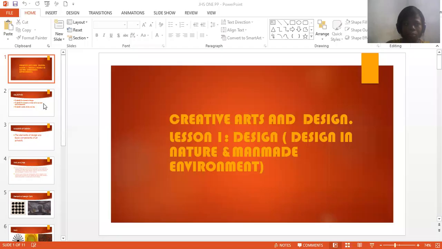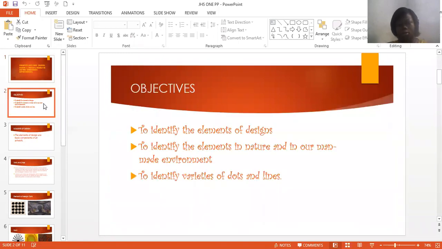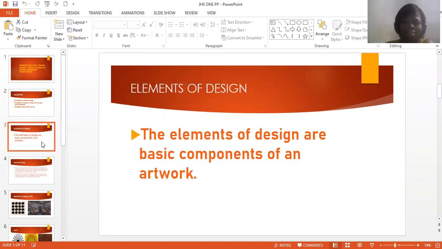So it starts with the objectives for the lesson: to identify elements of design, to identify elements in nature and in our man-made environments, and to identify varieties of dots and lines. Then we looked at what elements of design are.